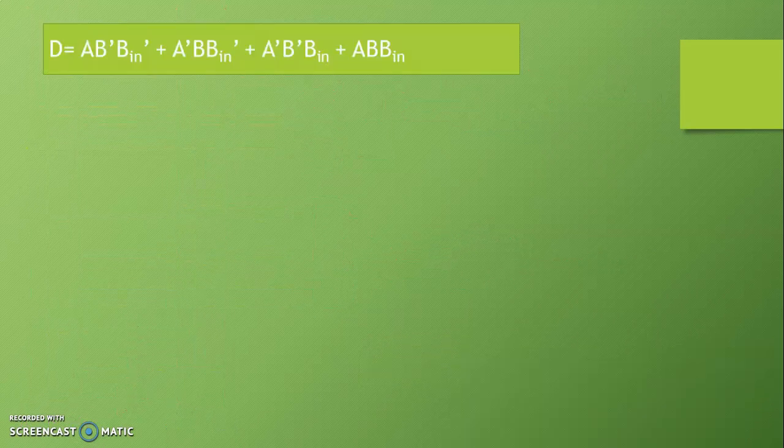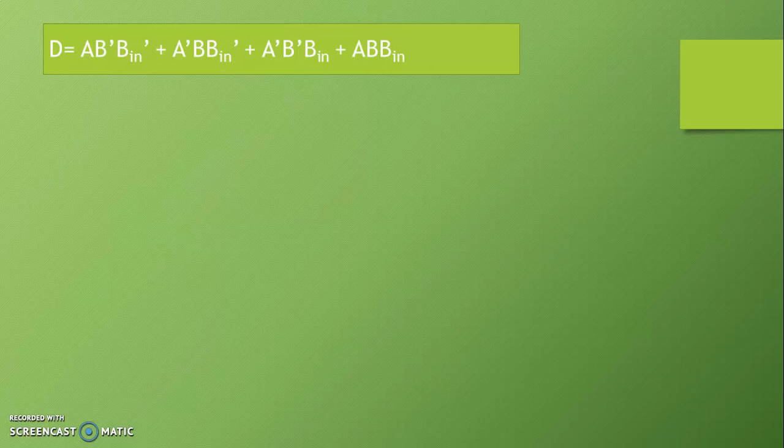From the truth table also, if we write a Boolean function in the SOP form, then we have difference D, that is A B bar B in bar plus A bar B B in bar plus A bar B bar B in plus A B B in.